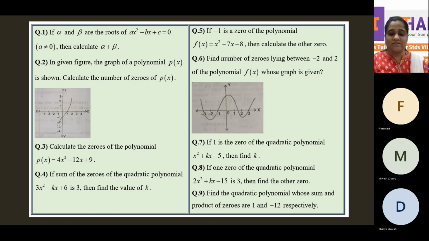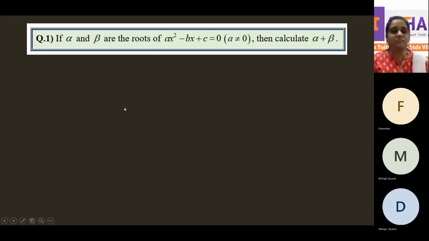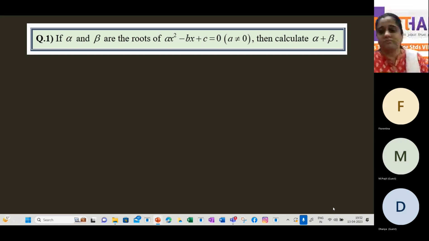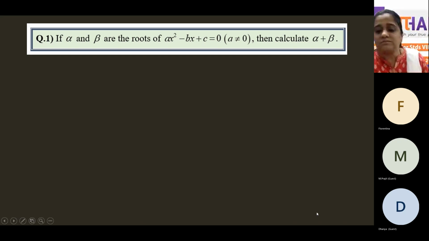Take down the questions, start working. We'll see the answers. This is revision, chapter revision. Simple to difficult sums. We'll start with simple ones. Yes, online students, take down the questions, start working. Florentina, Prajit and Danya, please start working. Take down the question.